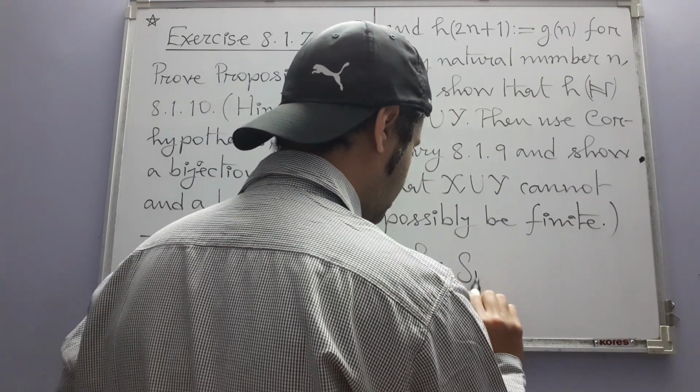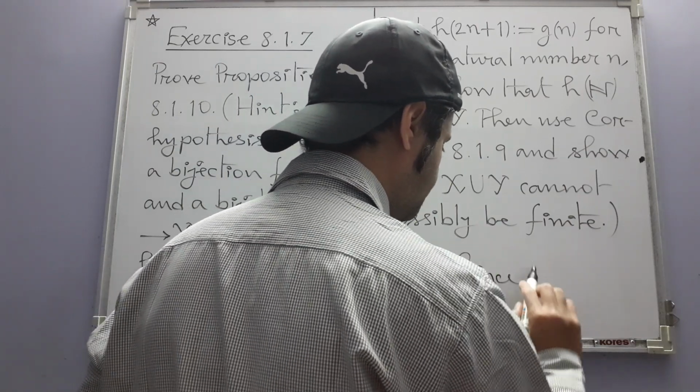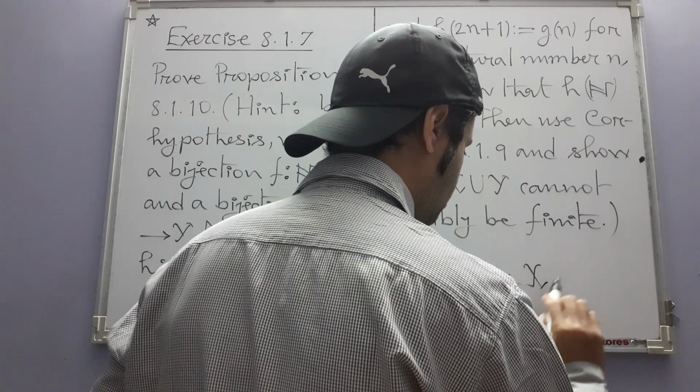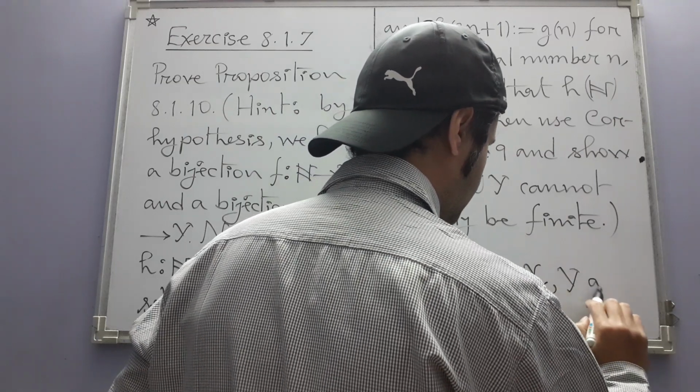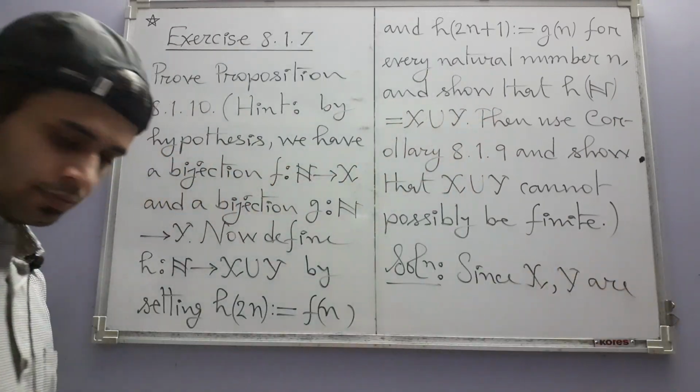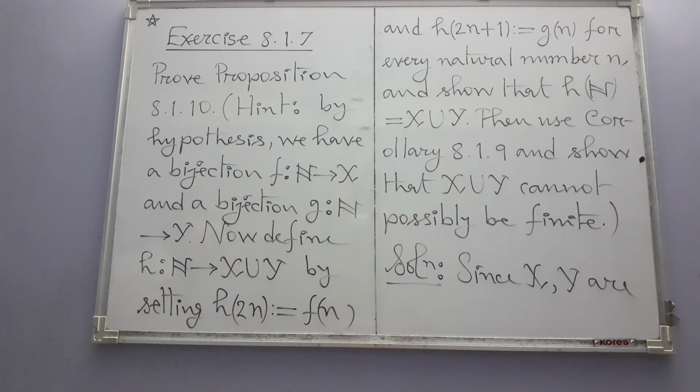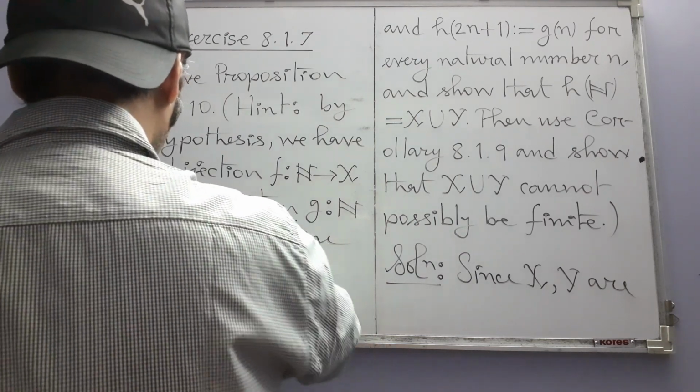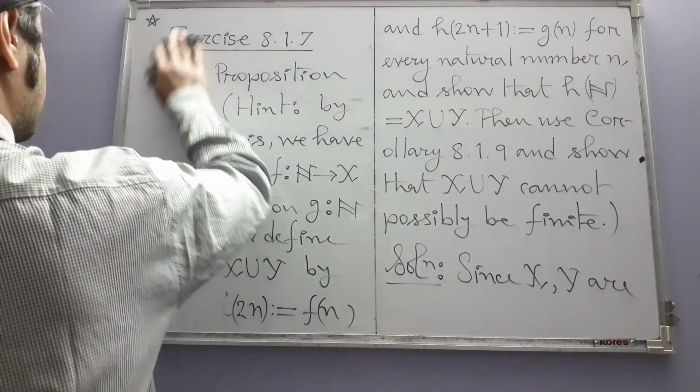So we start accordingly. Since X and Y are countable, such bijections exist.